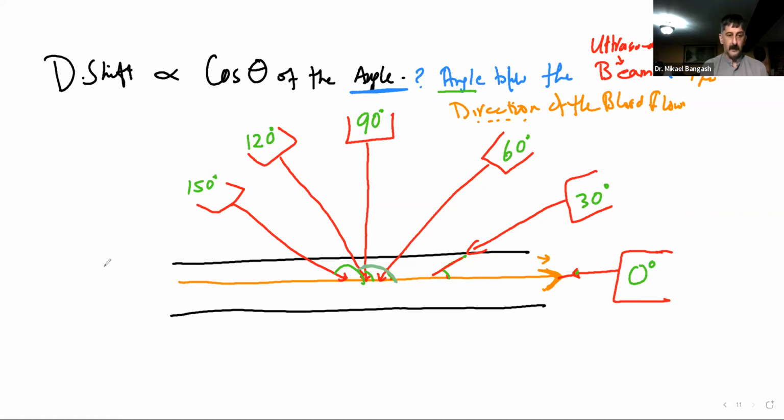And last but not the least, sorry, if we say that we scan from here, in relation to the blood vessel, then this was going to be 180 degrees.